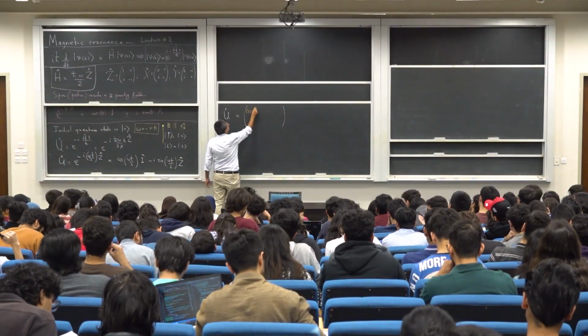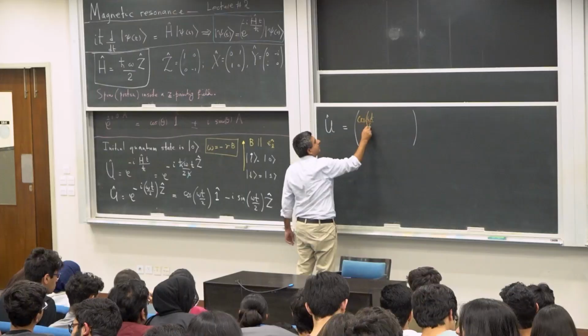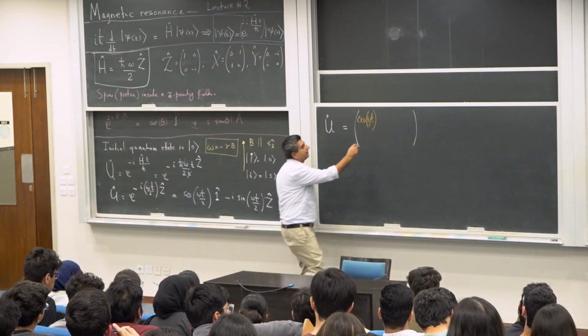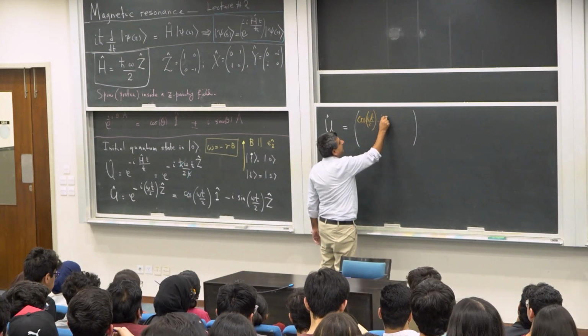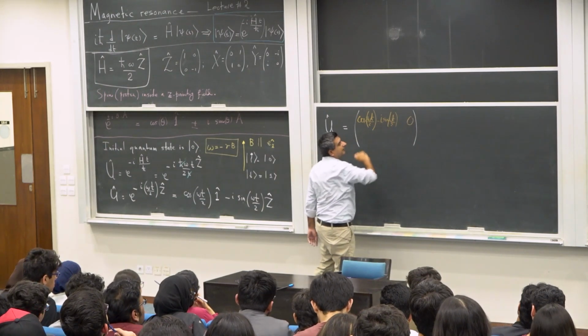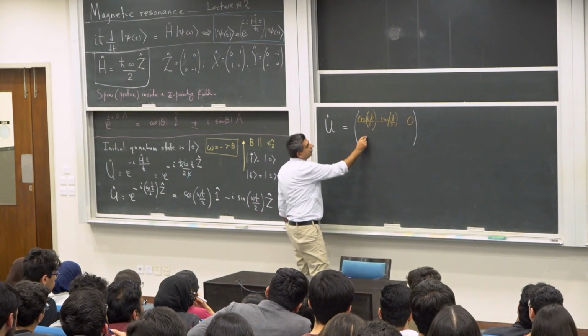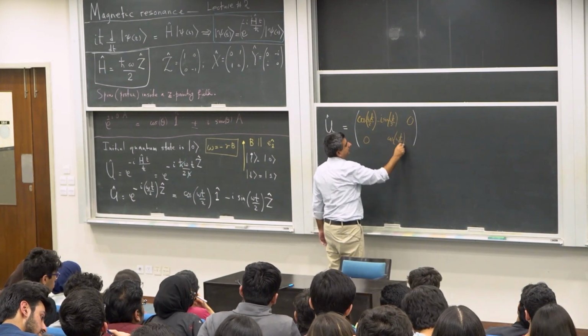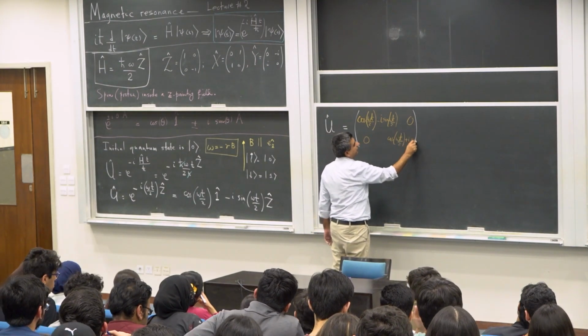Cosine omega t by 2 minus i sine omega t by 2, and a 0 here, and 0 here and a cosine omega t by 2 plus i sine omega t by 2.